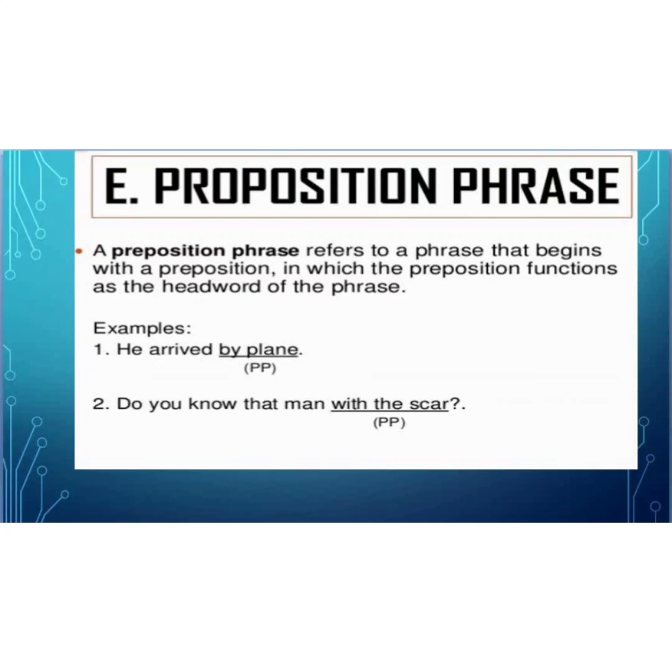So "by plane" is used as a prepositional phrase. Did you know that man with the scar? So this is also a source, a medium. It tells us about the time, the place, the medium, the source, and anything. But it is also accompanied by words like with, for, from, by, at, etc.